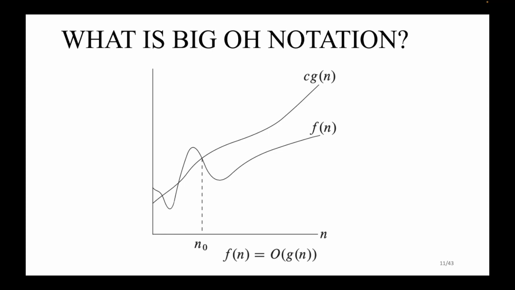So you were saying that f(n) is the same as big O of g(n), right? Yeah, g(n) with a big O of f(n). Is it the same? No, it's not the same. The equal symbol doesn't mean the same.